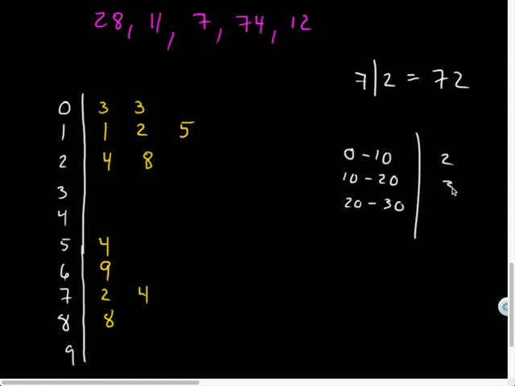For 10 to 20, it would be 3. For 20 to 30, it would be 2. For 30 to 40, it would have been 0. I missed 7. Yeah, regular old 7. Straight up 7.